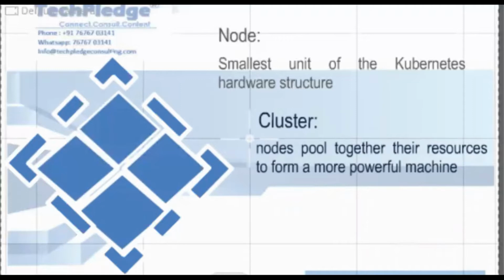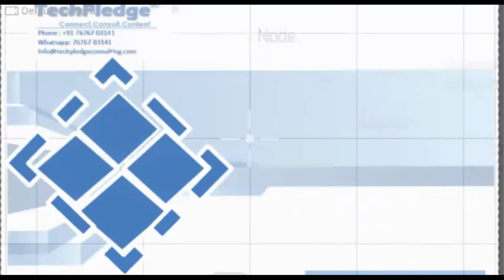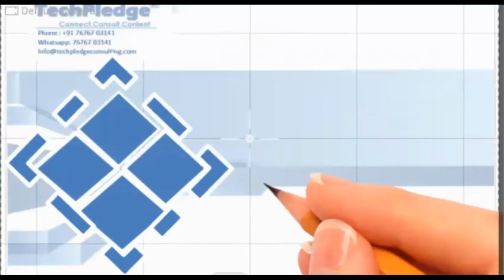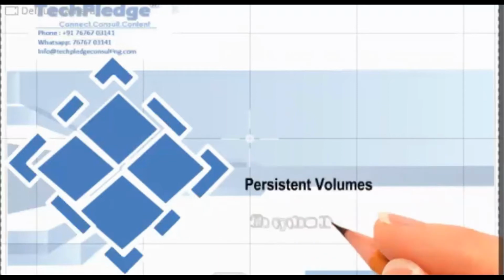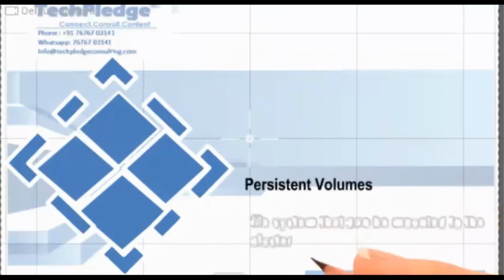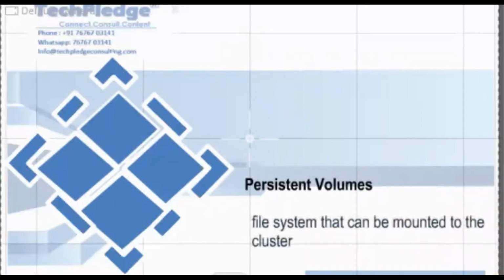But what would happen to the storage? What would happen to the data? If one node goes down and the workload is shifted to the other 3 nodes, will it be able to find the same storage? Probably not, correct? So in this case, to make our storage permanent, we need a persistent volume. So we connect a persistent volume to our cluster.